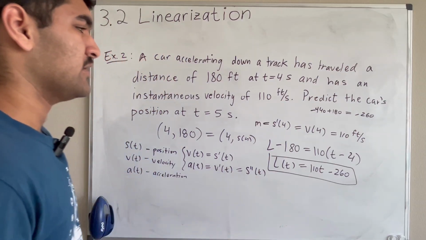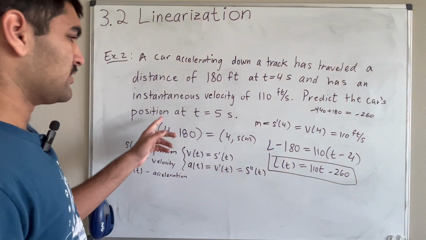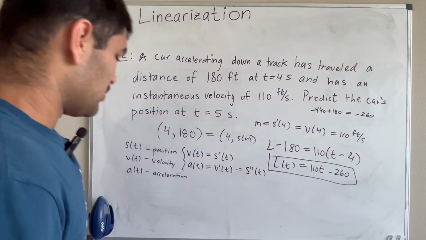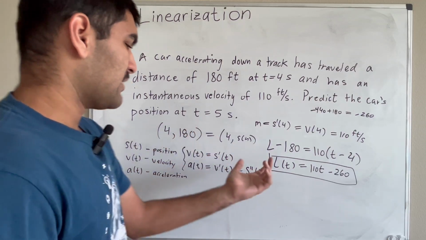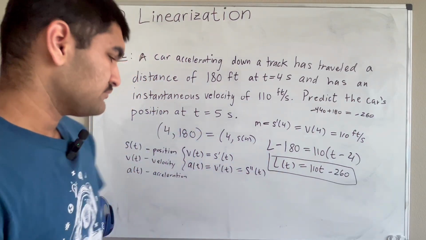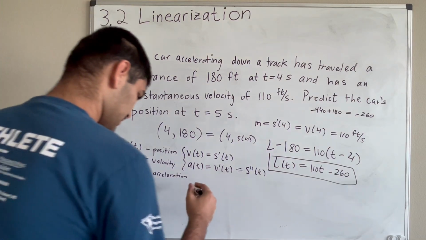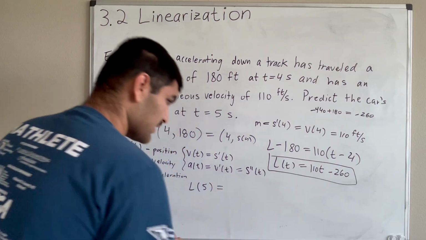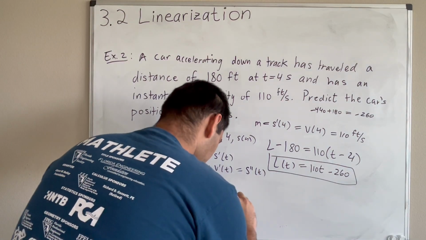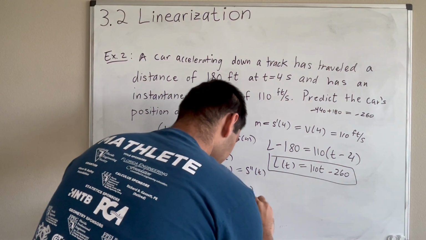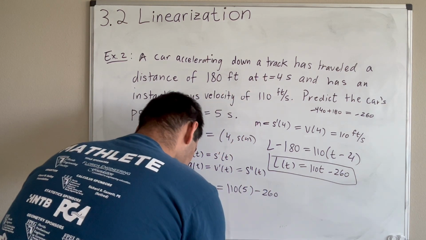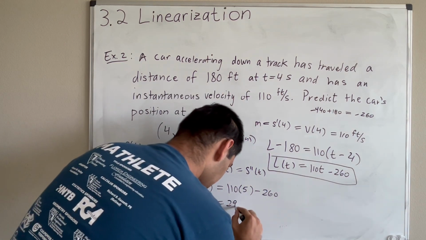Well, no, we're not done yet, because we want to predict the position of the car at time equals 5 seconds. So what does that mean? Well, all that means is that we have to find L of 5, all right? So let's go ahead and do that now. L of 5 equals 110 times 5 minus 260, and so this gives us 290.